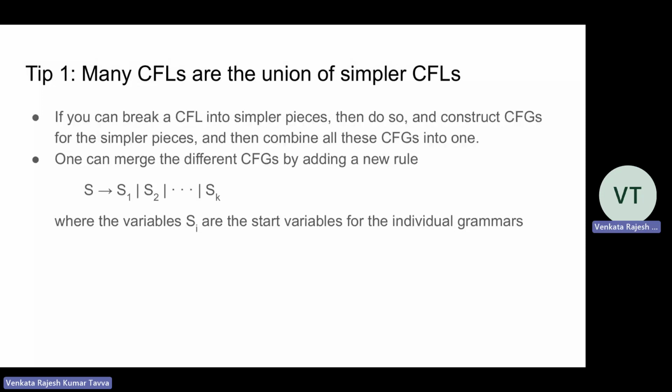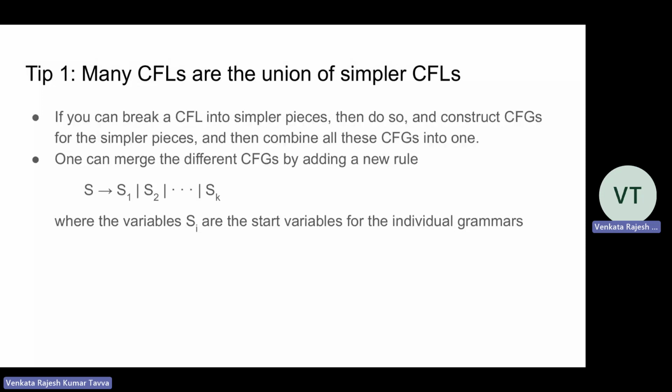So suppose you have grammar 1, grammar 2, and so on. Now each of these grammars will have a start variable. You combine these grammars by just adding a new rule, a new start variable whose RHS is a combination of the old start variables. This is like union of multiple finite automata. You have many automata. You just add a new start state with epsilon transitions to the old start states, right?